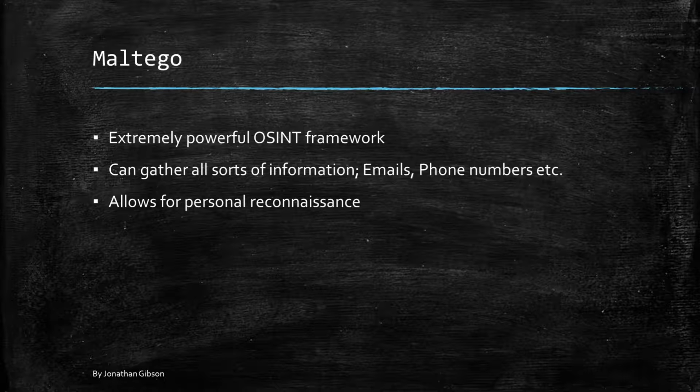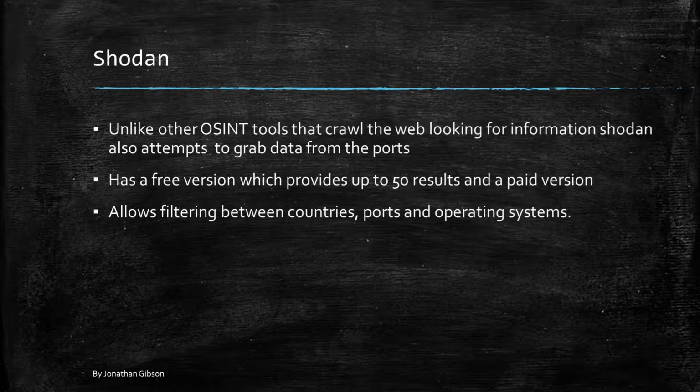Now, Snowden, which is a tool that recently appeared and gained popularity, is an acronym for Sentinel Hyper Optimized Data Access Network. Unlike traditional search engines that crawl the websites to display results, Snowden attempts to grab data from the ports. Developed by John Matherly, Snowden is available as a free version as well as a professionally paid version. The free version provides up to 50 results.